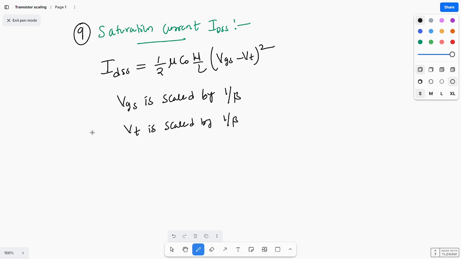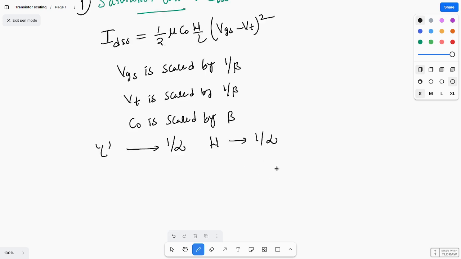And C naught, the oxide capacitance, is scaled by beta. We already saw at the start that it is scaled by oxide thickness. L is scaled by 1 by alpha, and W is scaled by 1 by alpha.